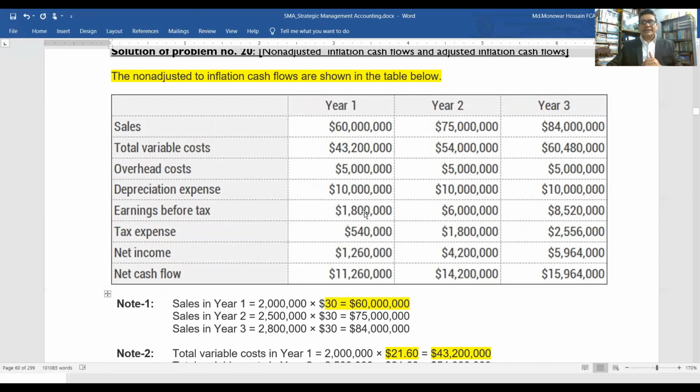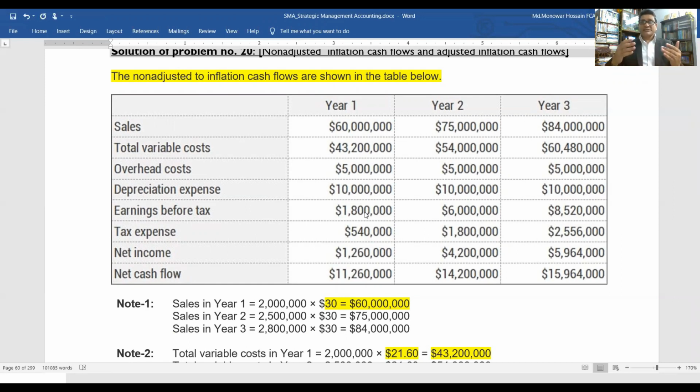And earnings before tax, how do we get it? From the sales amount, we deduct the total variable cost, overhead cost, and depreciation expenses. Then we get earnings before tax: 1.8 million for the first year, 6 million for the second year, 8.52 million for the third year.